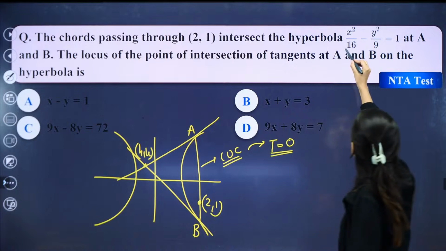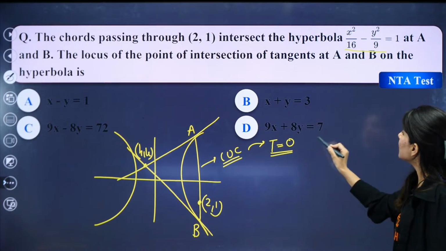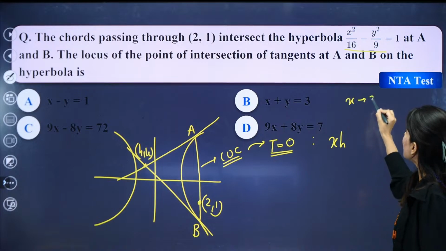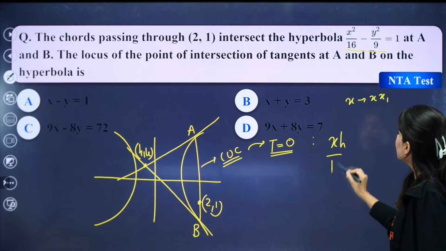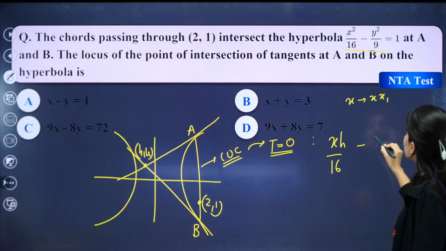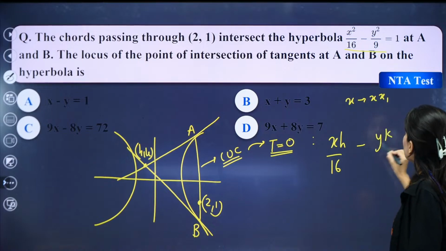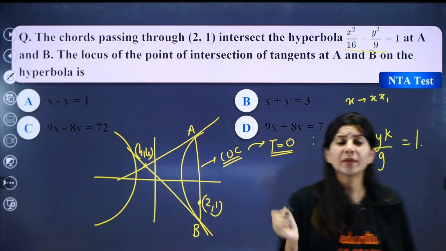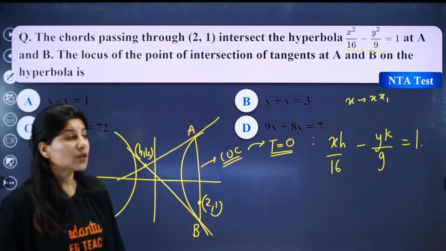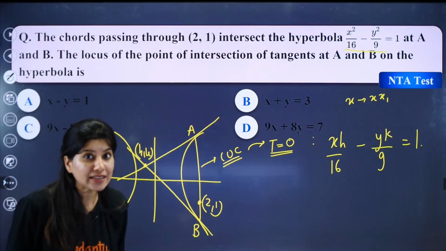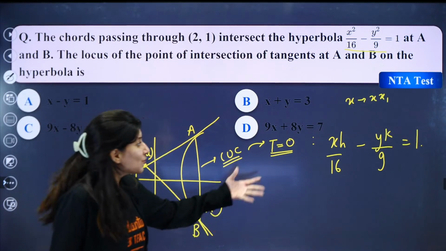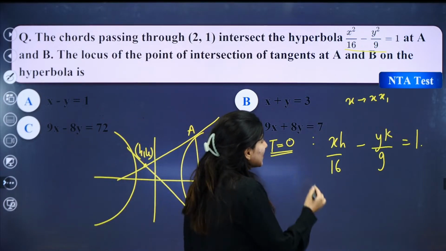So this is your equation of hyperbola. T equals 0: X will be replaced by x·h, and Y squared will be replaced by y·k. So xh upon 16 minus yk upon 9 is equal to 1 is your T equals 0. This is your equation of chord of contact, and this chord of contact passes through (2, 1). So what are we waiting for? (2, 1) should satisfy it.